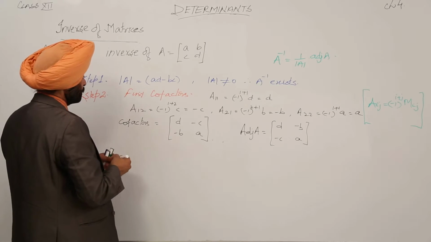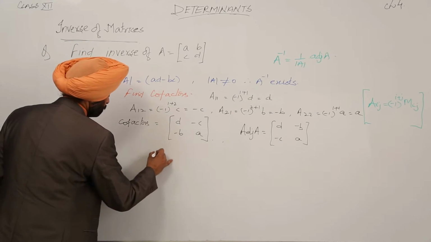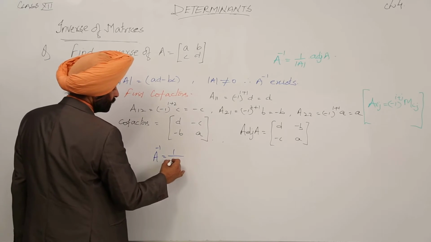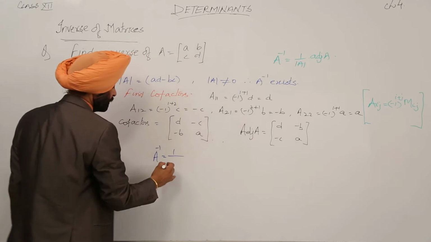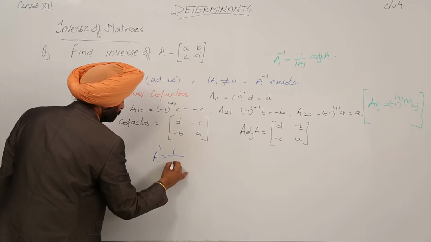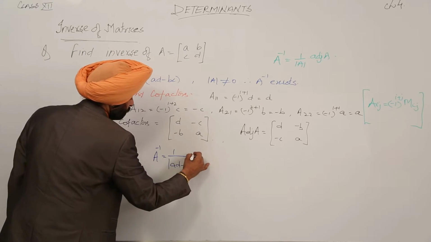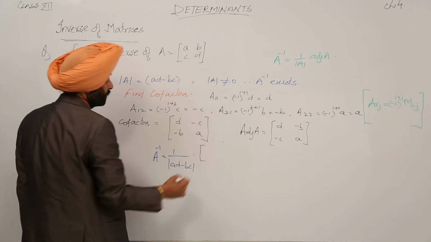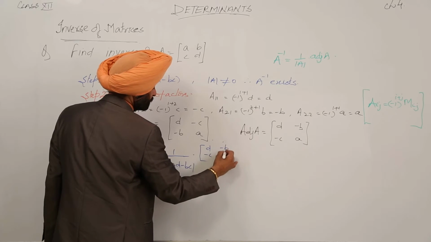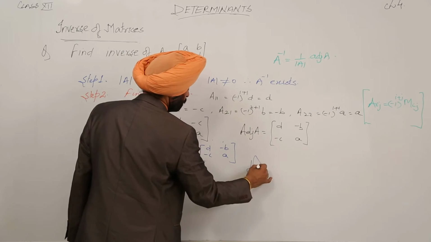A inverse is equal to 1 upon determinant of A, and determinant of A is AD minus BC, with adjoint A, that is D, minus C, minus B, A. So this is the formula for finding the inverse.